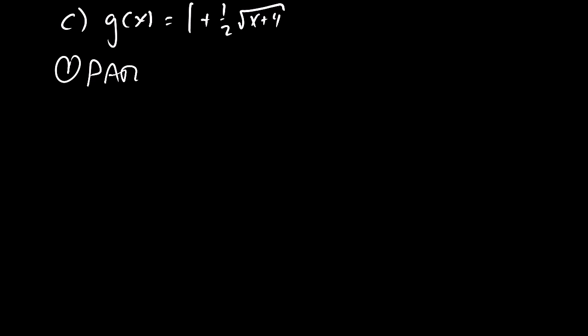C, g of x is equal to 1 plus 1/2 square root of (x plus 4). What's step 1? Find the parent. After we take away all of the numbers, we're just left with our variables. g of x is equal to the square root of x.